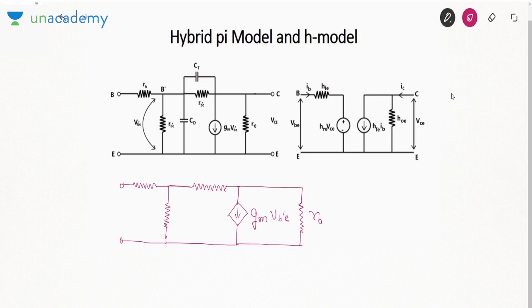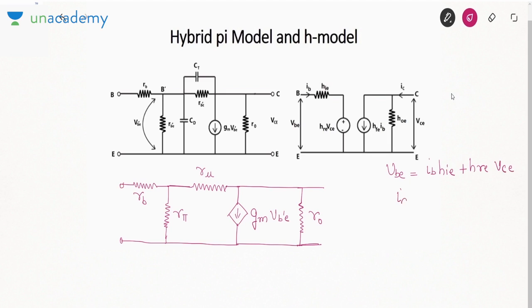This is r naught. I'll now write it as r mu. I'll write it as r pi, rb. Okay, simple notation. Now I want all these parameters in terms of the hybrid parameters or H model. Now in the H model what we say is VBE is IB into hie plus hre VCE.